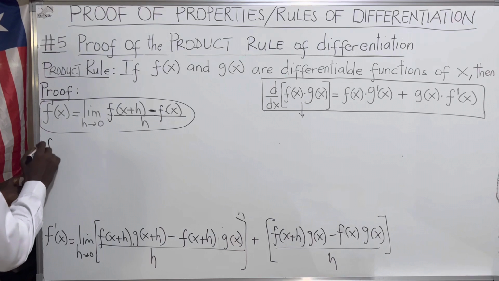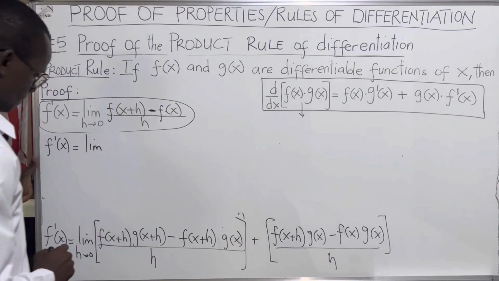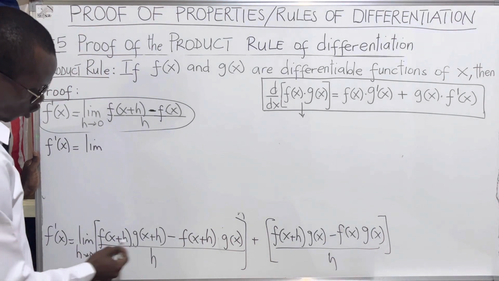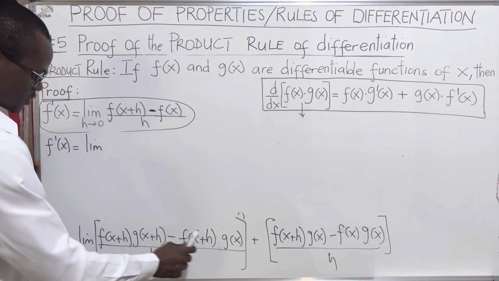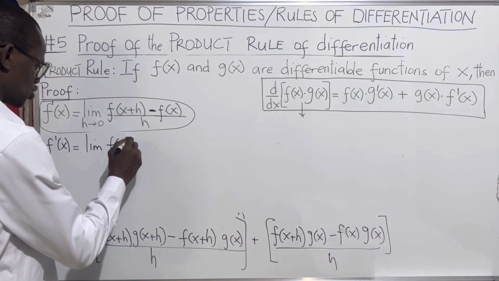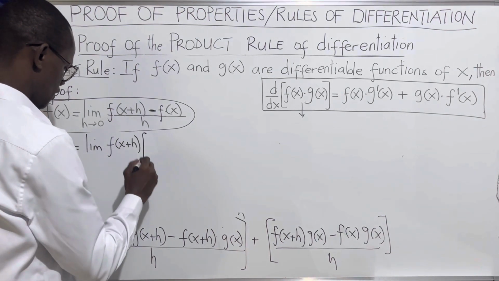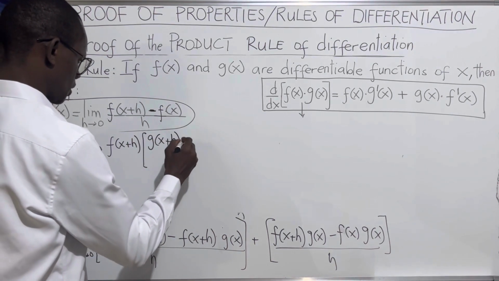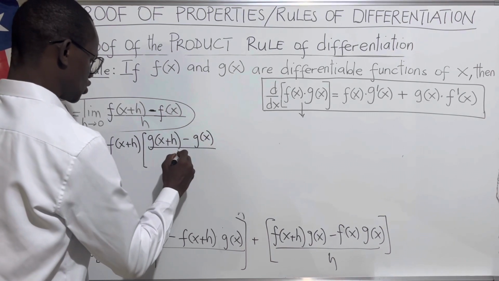So if I do that now, I will have f prime of x to be equal to the limit. Now, also, what is common in these two terms in the numerator? There's a common factor, which is f of x plus h, right? And then I'm left with g of x plus h minus g of x all over h.